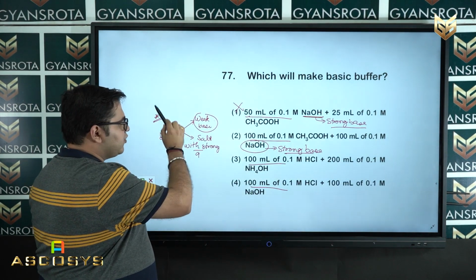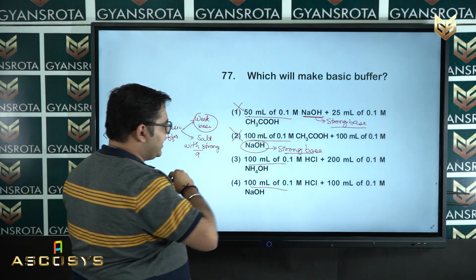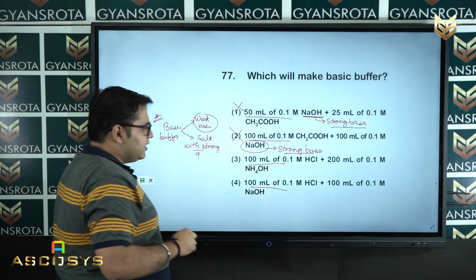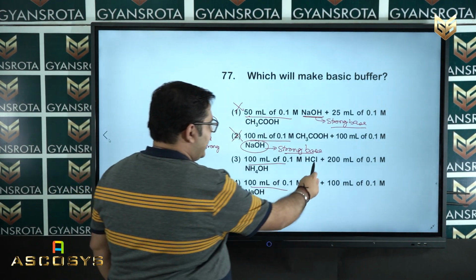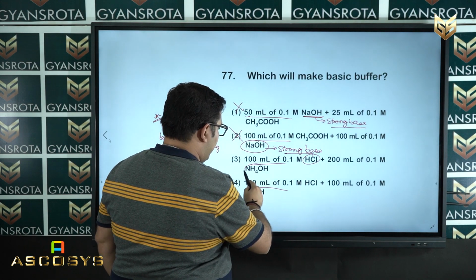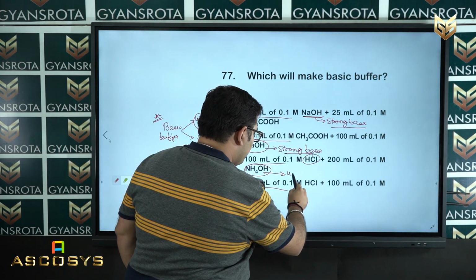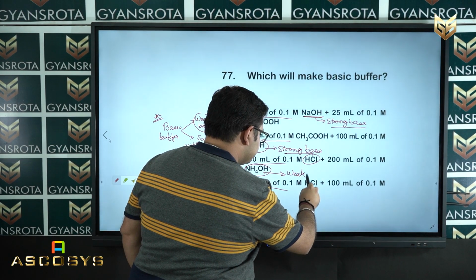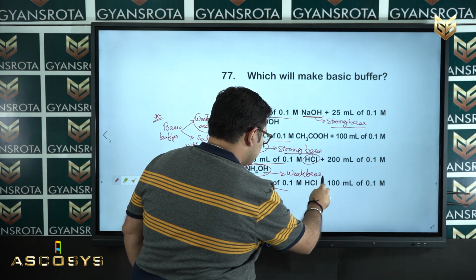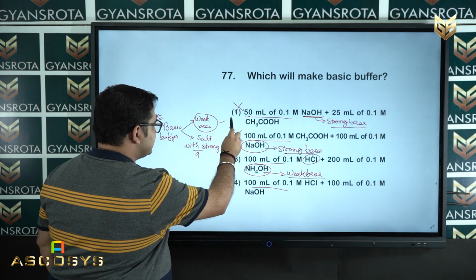Again, strong base we do not require. So, option 2 we can neglect. Now, if you see here HCl is given and ammonium hydroxide. So, ammonium hydroxide is our weak base. So, the first criterion is satisfied.